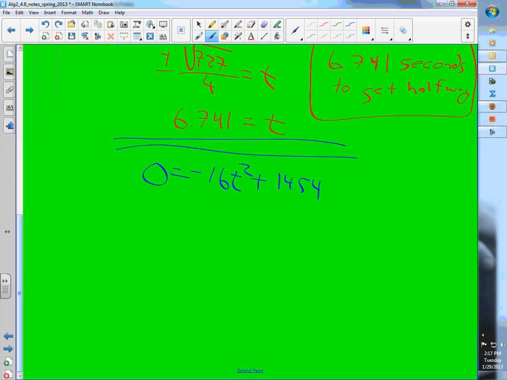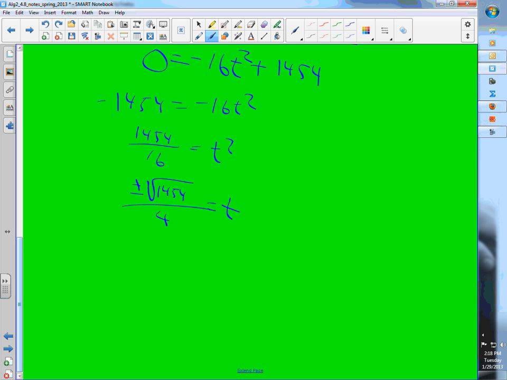Negative 1454 equals negative 16t squared, and you're going to get 1454 divided by 16. And then we square root again. Plus or minus the square root of 1454 over 4 is equal to t.